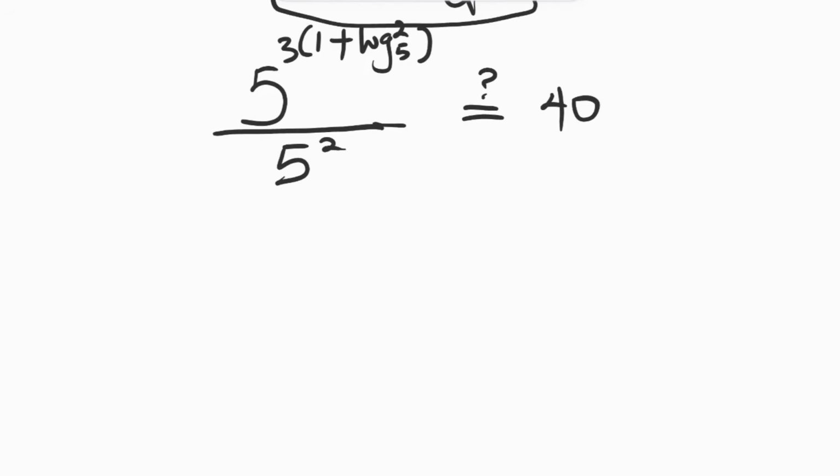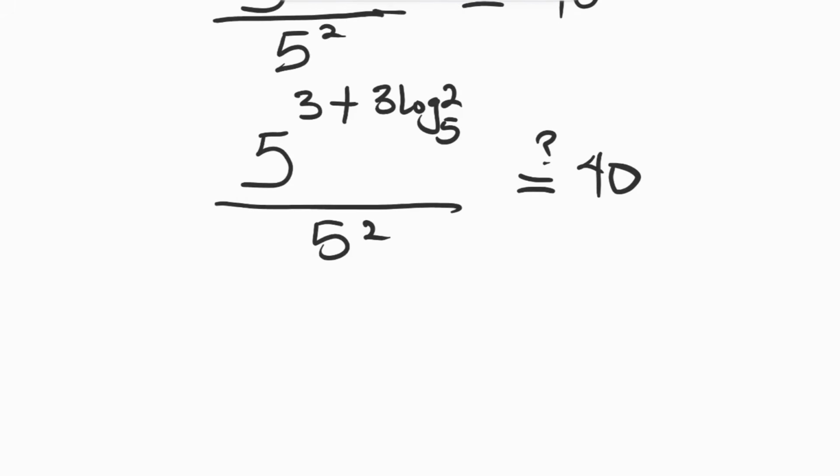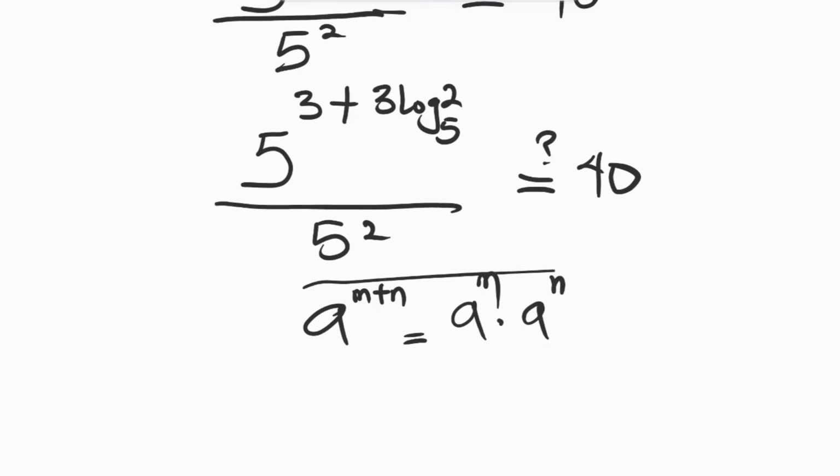So from here we can open up the brackets in the power in the numerator, and this becomes 5 raised to the power 3 plus 3 log 2 base 5, all divided by 5 squared. I'm trying to see if this is going to be equal to 40. So from the law of indices, we know that a raised to the power m plus n is equal to a raised to the power m times a raised to the power n.